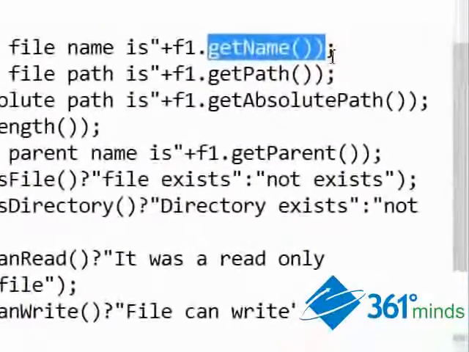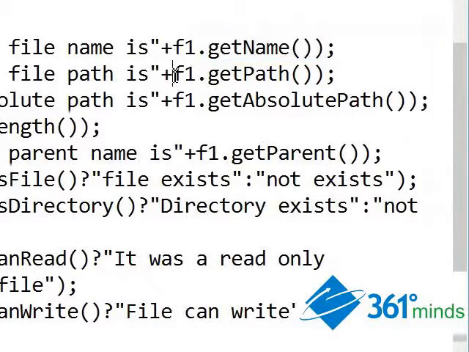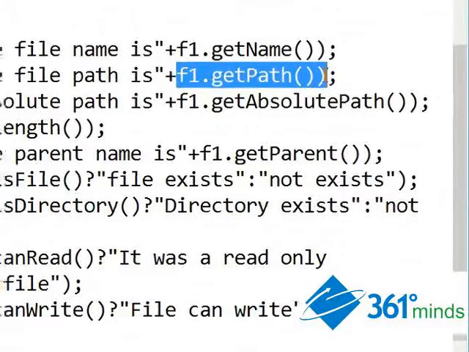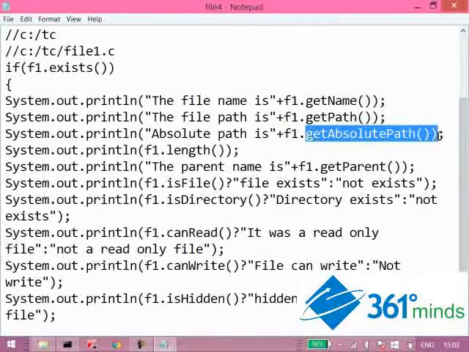The getName will give you the name of the file, and the next case I am giving you the f1.getPath method which will give the path of the file. The third is the f1.getAbsolutePath method which will give the absolute path right from the portion where your program file resides.